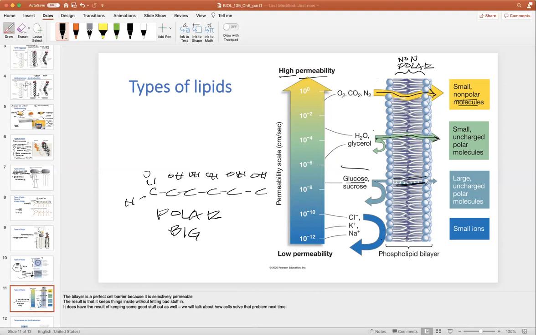And the things that absolutely cannot get across these membranes are anything with an actual charge on it, like a chloride ion, a potassium ion, or a sodium ion. These have minuses and pluses. These are absolutely repelled by the nonpolar interior of these phospholipid bilayers. So this sets up some interesting features for cells, right? We can get oxygen into our cells pretty easily.